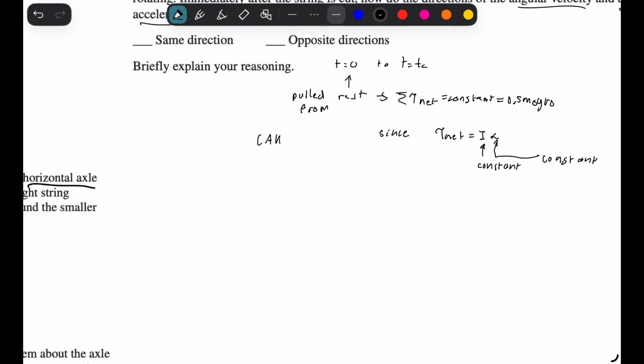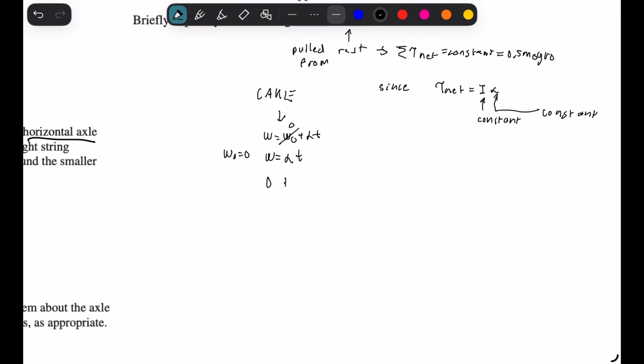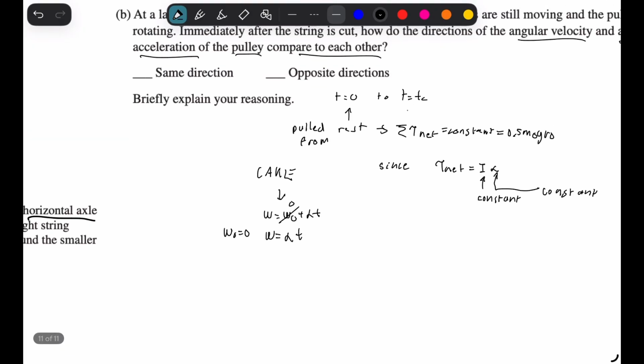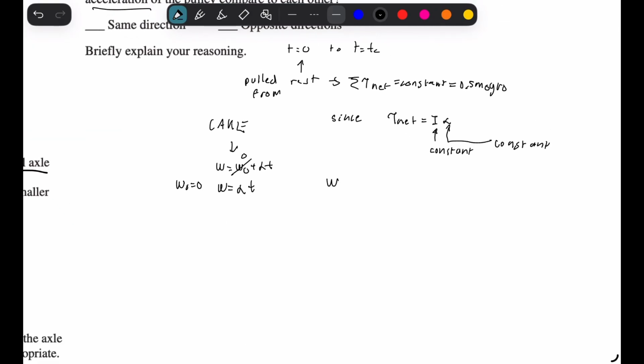So if you have constant acceleration, you can use omega equals omega initial plus alpha t. Omega initial equals 0, so omega equals alpha t. That means from 0 to tc, omega is going to be a straight line with positive slope, if object 1's direction of motion, downward, falling down, is positive.